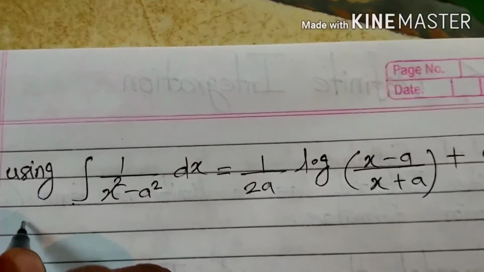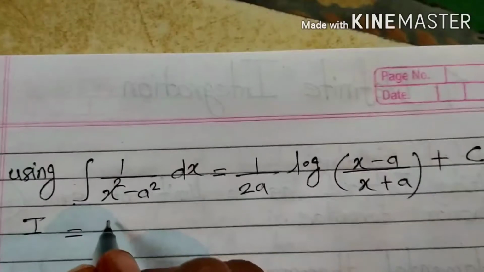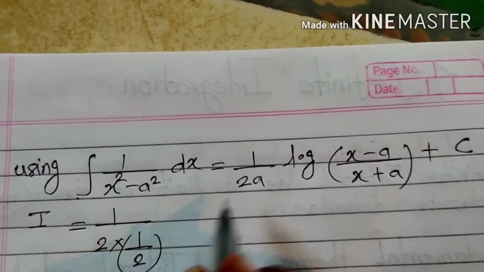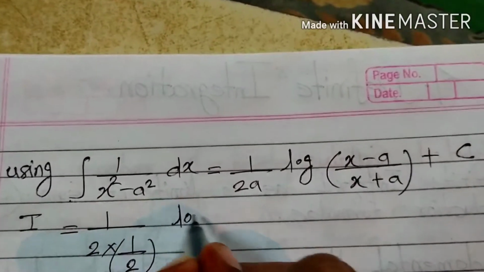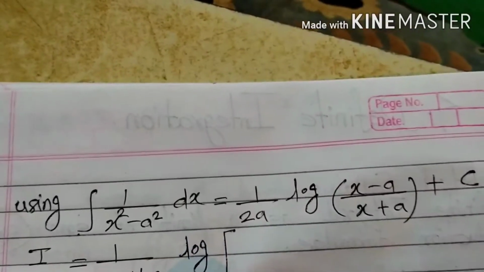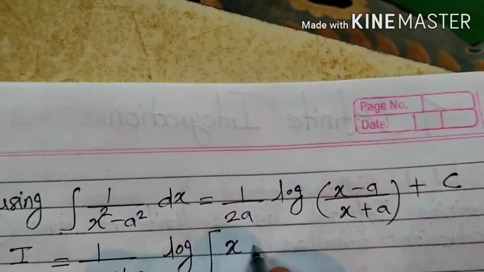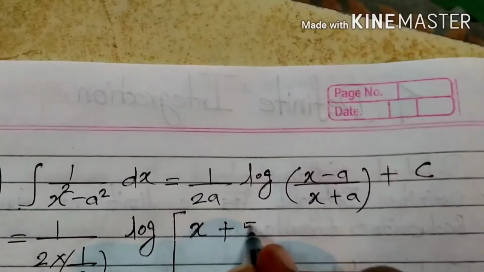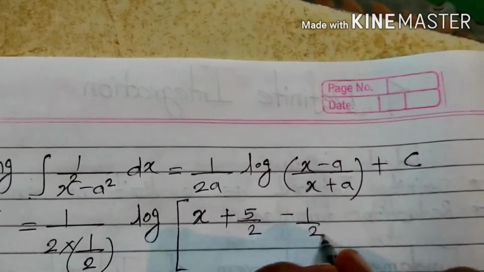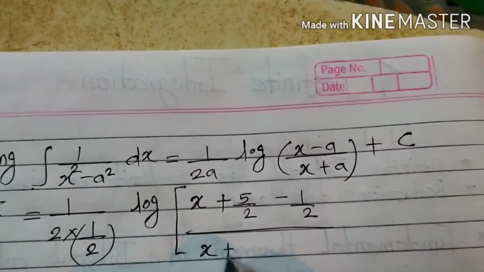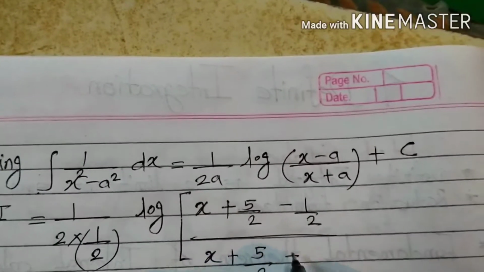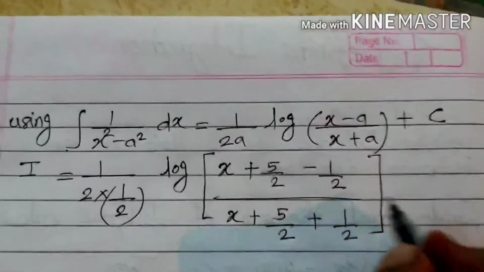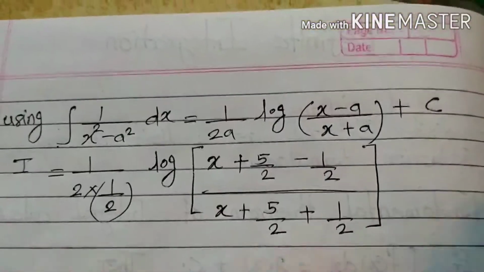So here we take only I is equal to 1 upon 2 into 1 upon 2, because the value of a is 1 upon 2, log of x plus 5 upon 2 minus 1 upon 2 upon x plus 5 upon 2 plus 1 upon 2, and there is a limit from 2 to 3.